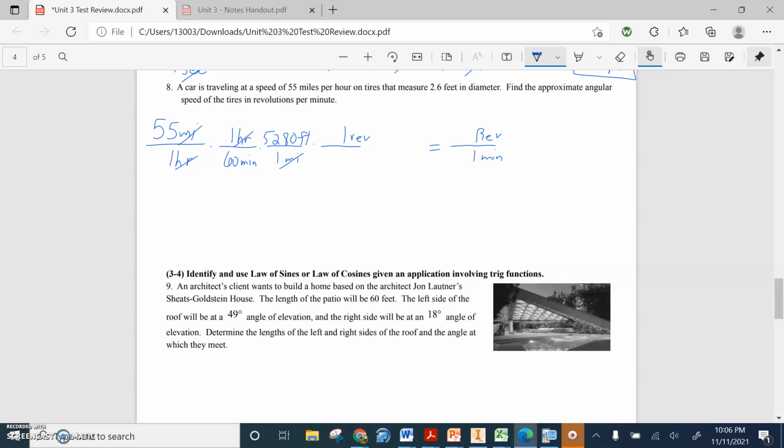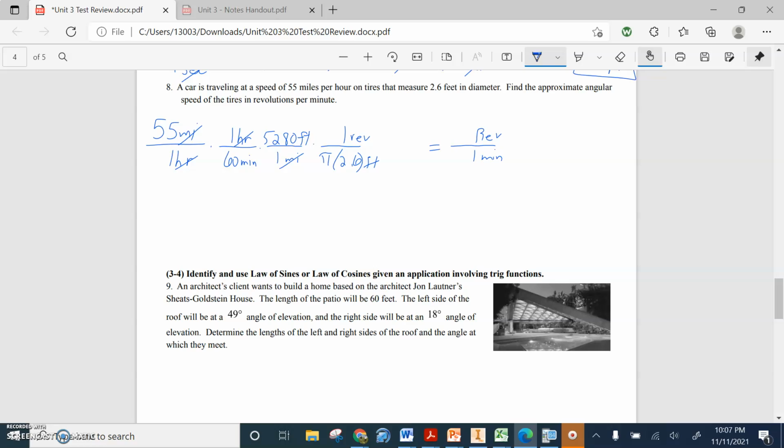And the equation for circumference can be written 2 times pi times radius, 2 pi r. It can also be written as pi times diameter. So we can write this pi times the diameter, 2.6 feet per revolution.